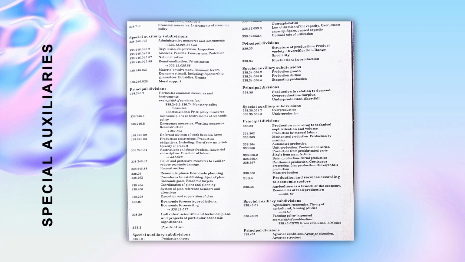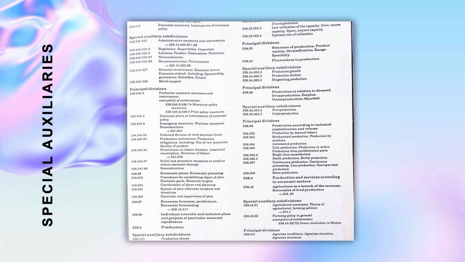So this special auxiliary subdivision, you see, 338.246.025 for administrative measures, 338.246.025.2 regulation, then 338.246.025.3 license, permit, etc. So all these special auxiliaries are applicable to 338.246 and its subdivisions.